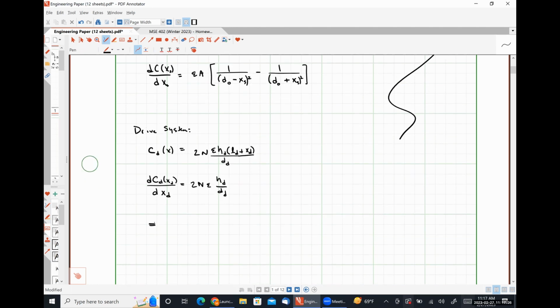So from here, I'm going to call this F_D for our drive mode force.